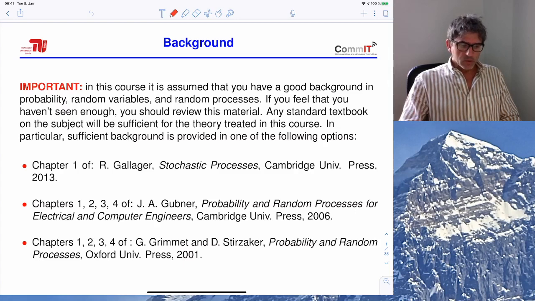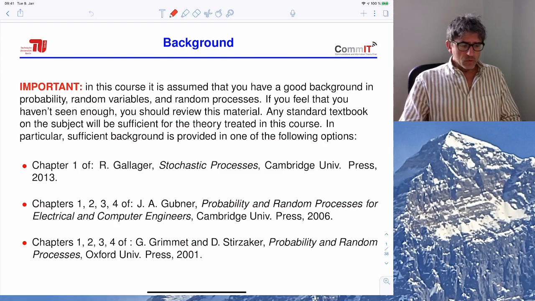In particular, continuous and discrete random variables, their PDF, probability density functions, PMF, probability mass functions, and concepts about probability spaces, events, joint events, union of events, and conditional probability.